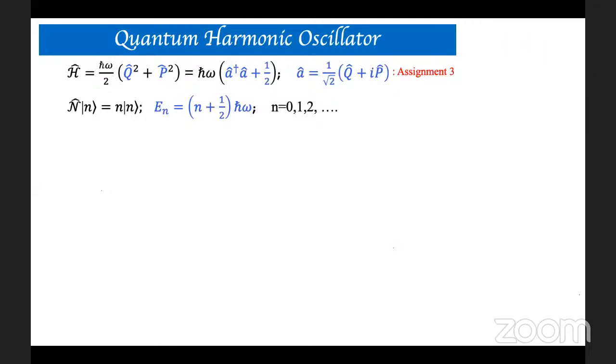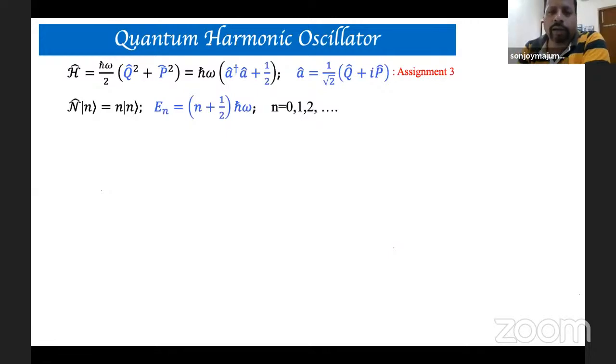One more question is there. Why is the number operator A dagger A and not A dagger? That is very interesting. Let me go back and see. What you saw is that the Hamiltonian is written in terms of Q square and P square. If you write Q and P in terms of A dagger and A, you just substitute and you will get it.